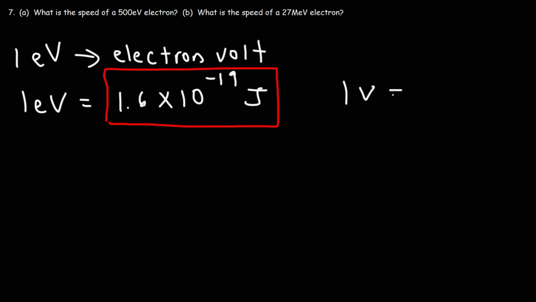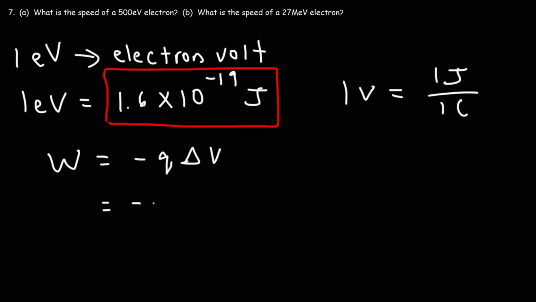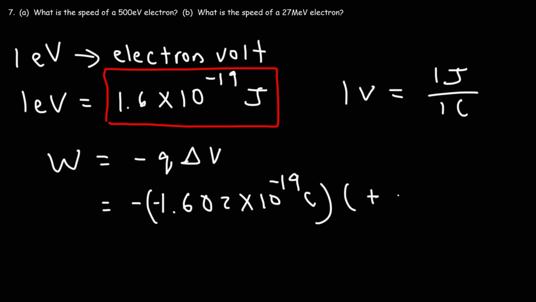Now keep in mind, 1 volt is 1 joule per 1 coulomb. So using this equation, W is equal to negative Q delta V. The charge of an electron is negative 1.602 times 10 to the negative 19. And when it moves through a potential difference of 1 volt, as it goes from low potential to high potential, delta V is positive.